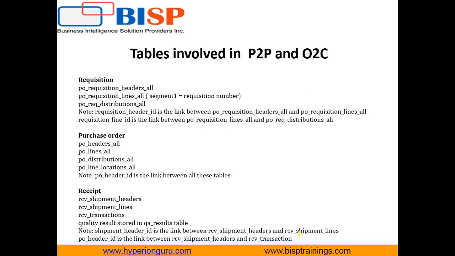Alright, so in general you will come across the following tables. For procure to pay or order to cash, especially the requisition tables will come for procure to pay, where whatever requisition you create will be stored in the requisition headers and lines level, and the distribution table will tell you which location you want the requested product to be placed.